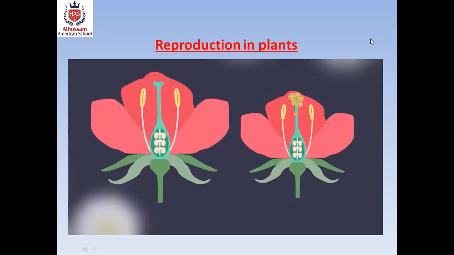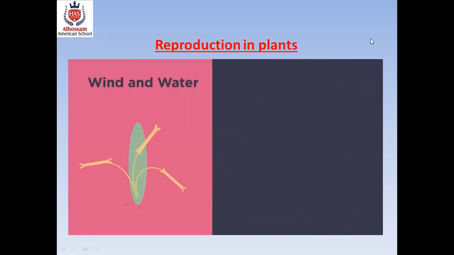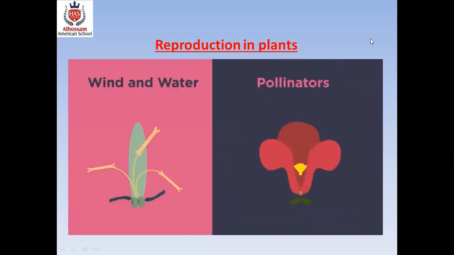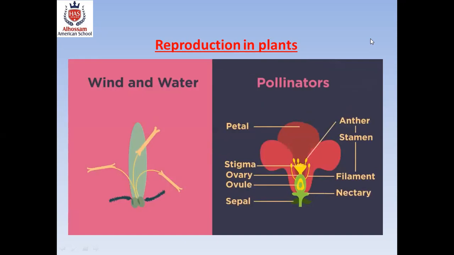Flowers can be pollinated in different ways, by wind and water, or by pollinators such as insects, birds, and other animals. Flowers pollinated by pollinators are structurally different from those pollinated by wind or water. Look at the differences in size, scent, and color of the petals, and the positioning of the stamen and style.